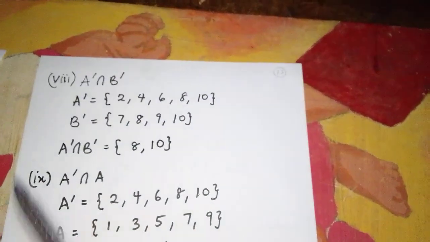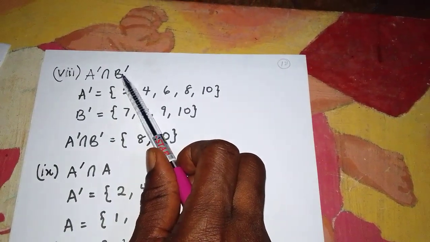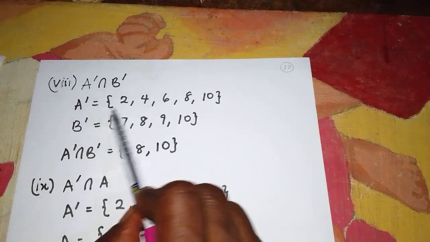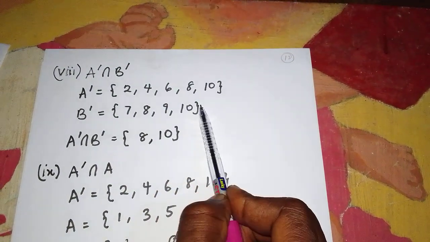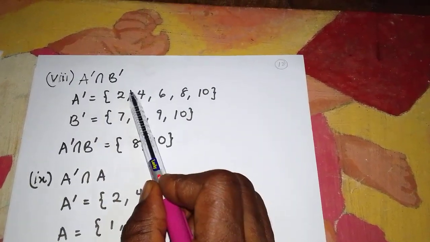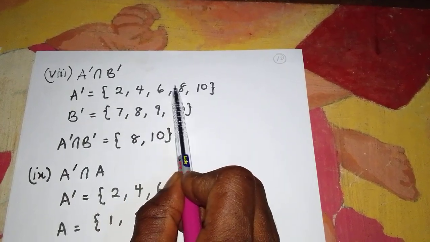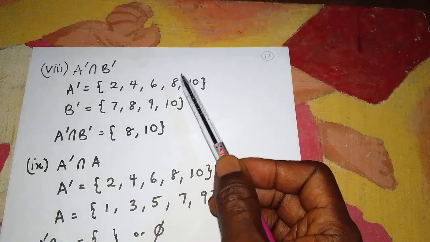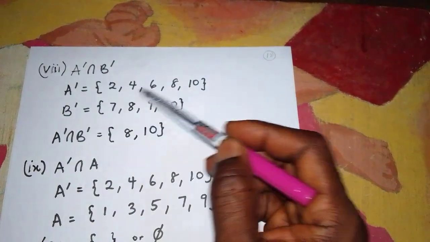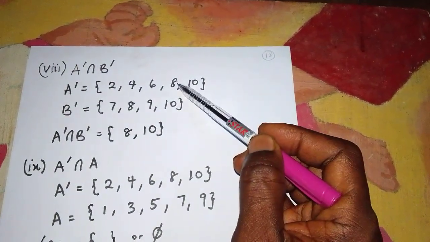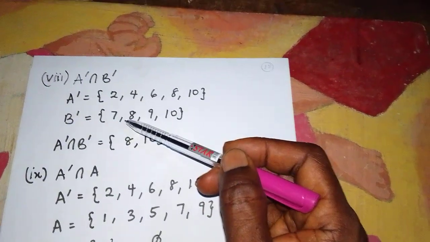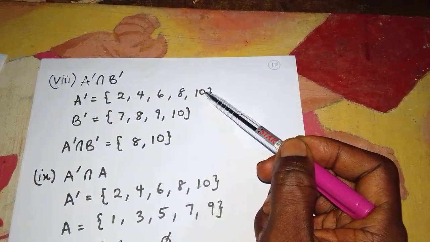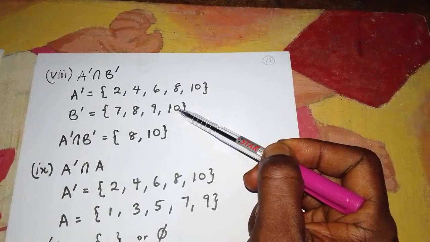If you have A complement intersection B complement, these are the elements in A complement and these are the elements in B complement. Intersection means what is common to set A complement and set B complement. 8 is in A complement, 8 is in B complement. 10 is in A complement, 10 is in B complement.